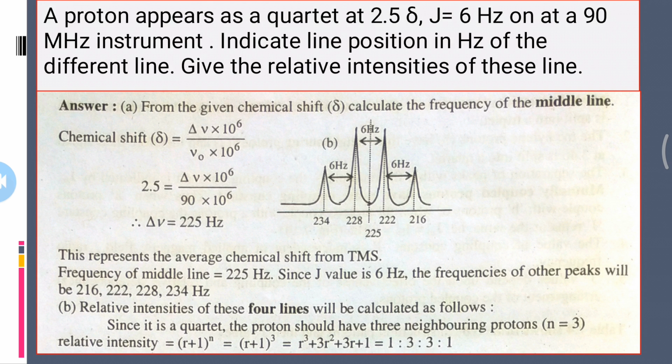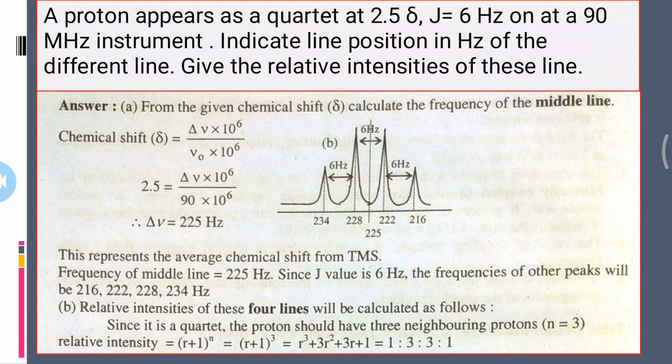How can we solve it? First, calculate the chemical shift. What is the formula of chemical shift? Chemical shift is equal to frequency of sample minus frequency of TMS, divided by applied frequency of instrument, into 10 raised to 6.